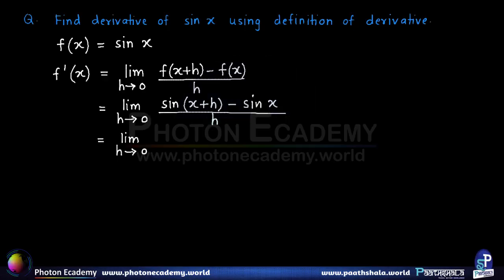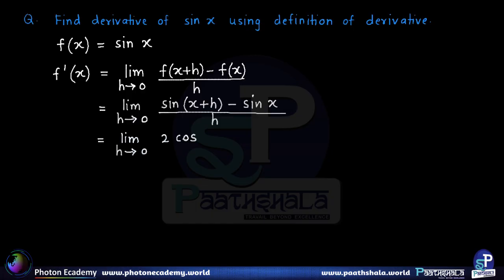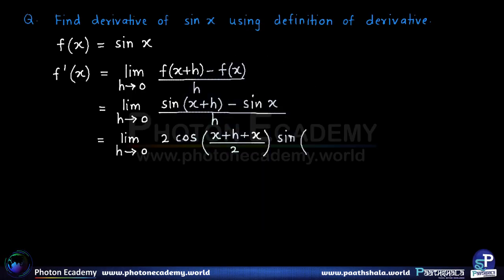For this we observe that the numerator is of the form sin a minus sin b. So we can use the factorization formula and write that as 2 cos of the first angle plus second angle, whole upon 2, that is x plus h plus x, whole upon 2, into sine of the first angle minus second angle, that is x plus h minus x, whole upon 2, and whole divided by h.